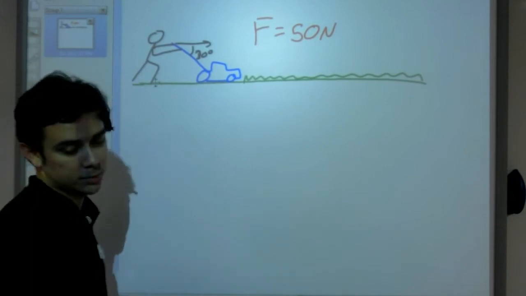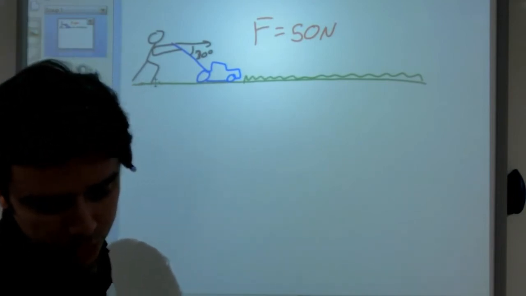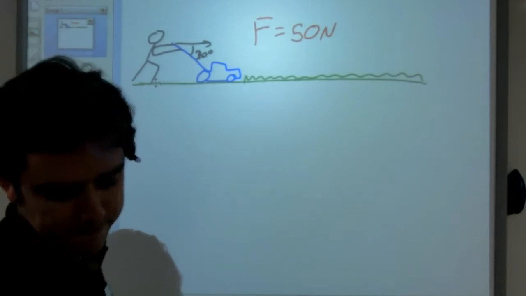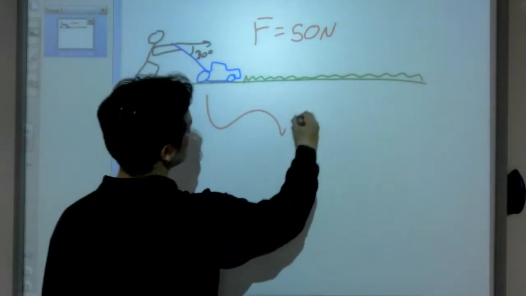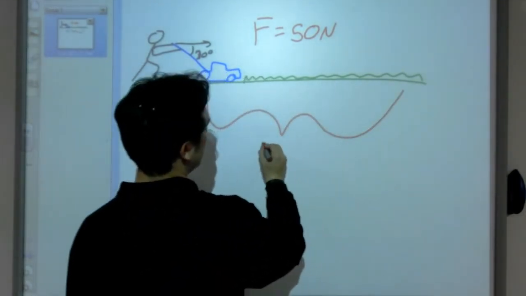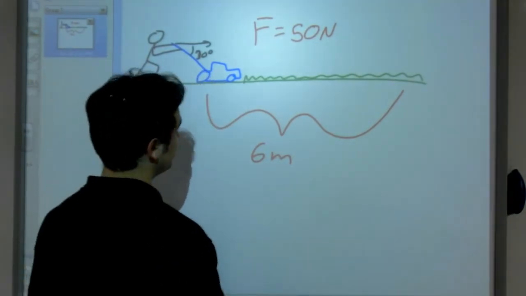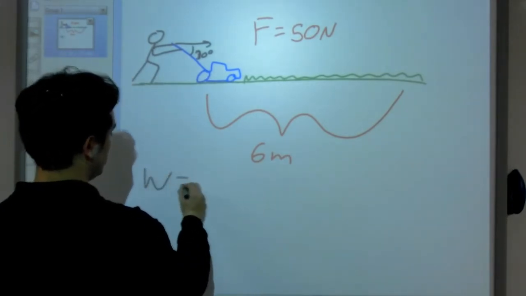It's 30 degrees below the horizontal. And that's the force that I'm applying to the lawnmower. Okay? I'm going to push this total distance along my front yard of 6 meters. And I want to know what is the total work that I do.